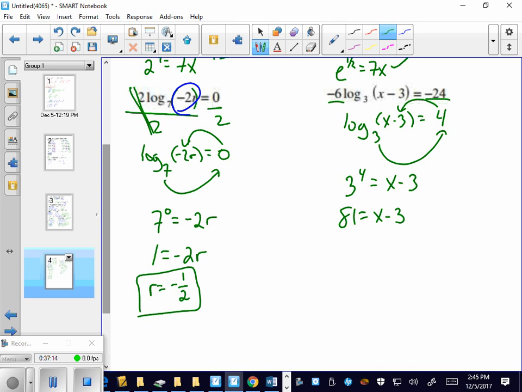And then to solve for x, we're simply going to add 3 to both sides, so we get x equals 84. And if you plug 84 back into that x right there, you're taking the log of 81, which is fine. It's a positive number.